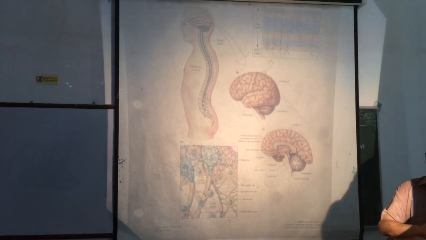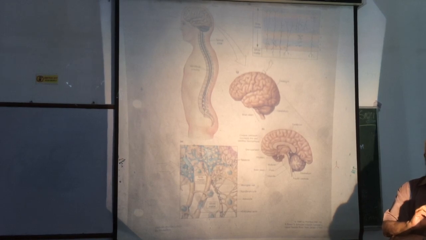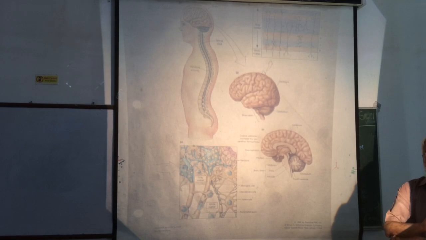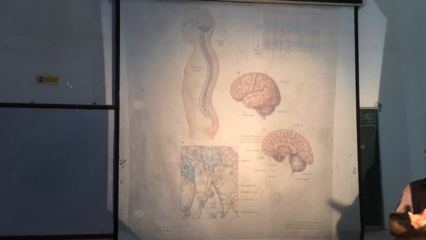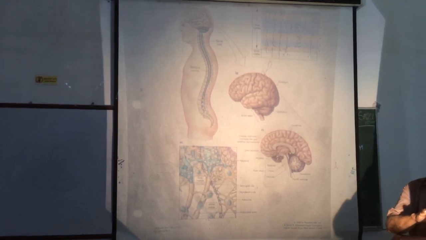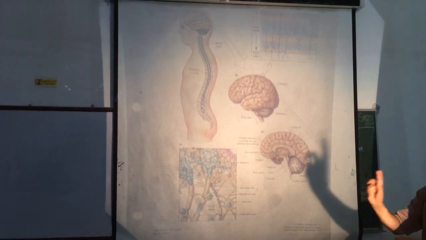Cerebral hemisphere is divided into lobes by these fissures or sulci, and these lobes are named after the bone under which the lobe lies.